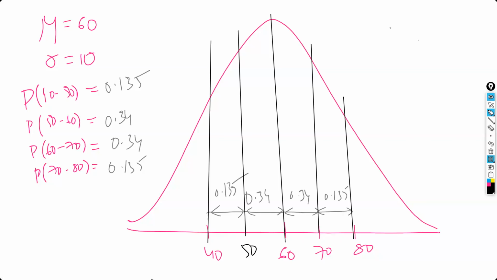The question I asked, one more time: from here to here, what is the probability? What is the total probability from 40 to 80?